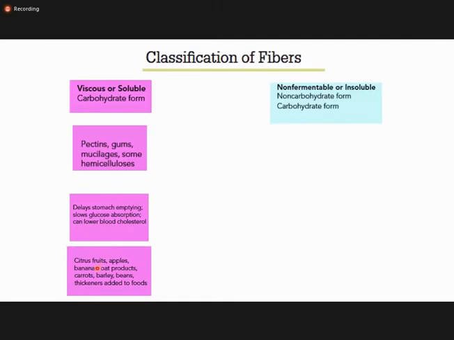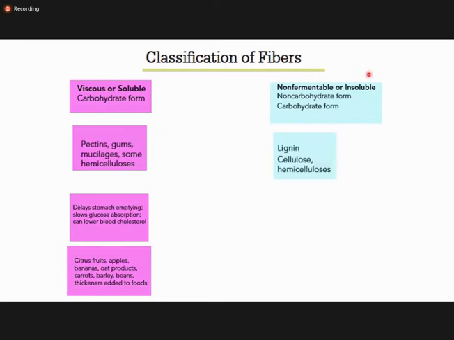Examples of food items that contain these soluble fibers are citrus fruits, oranges, apples, bananas, oatmeal, carrot, barley, and beans.